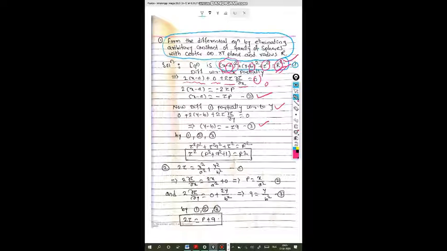Now just observe equation 1, the given equation, then equation 2 and equation 3, and you will find the equation which is free from constants is: z square in brackets p square plus q square plus 1 is equal to r square. And that is the final answer. That is a partial differential equation where p and q are dou z by dou x and dou z by dou y respectively.